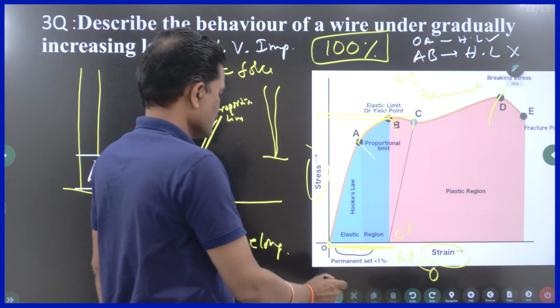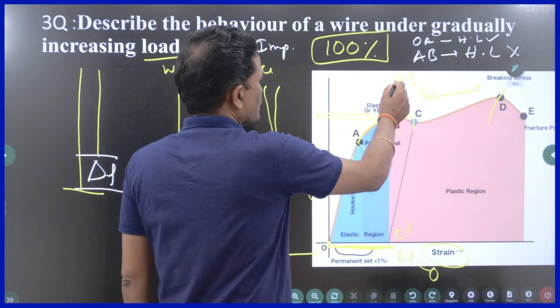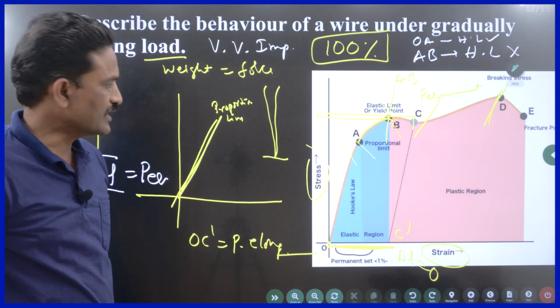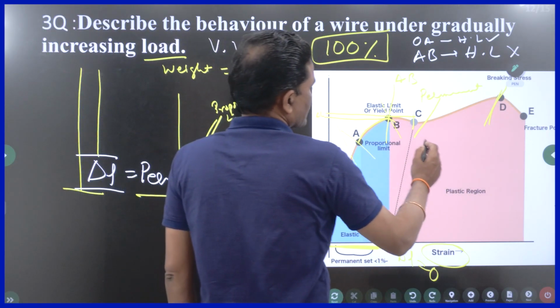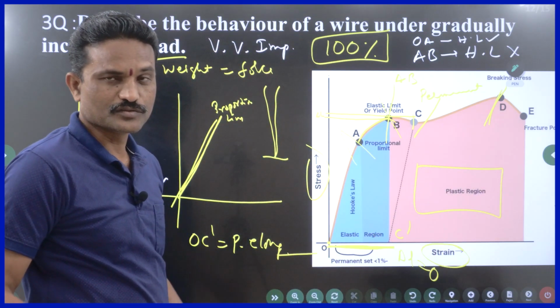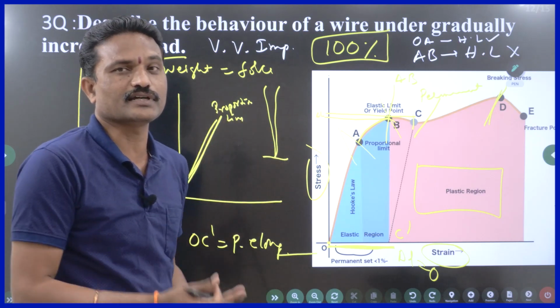So if you write O, A, B, C, D, that is enough. What is happening? After C, it is having plasticity. It is going beyond its behavior of elasticity.